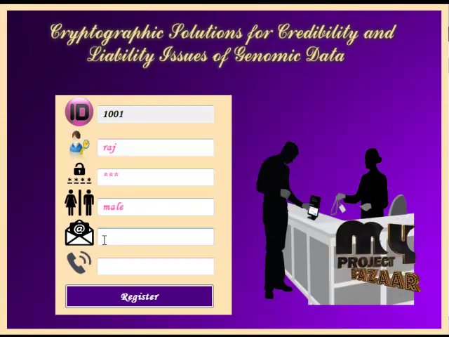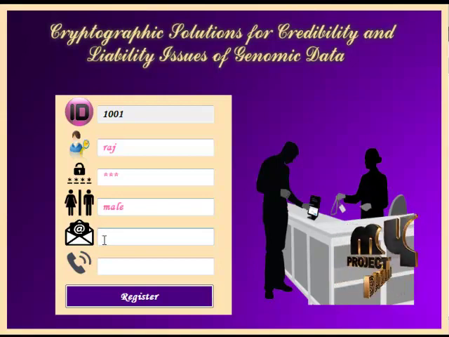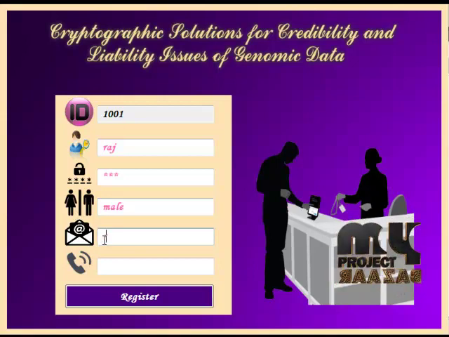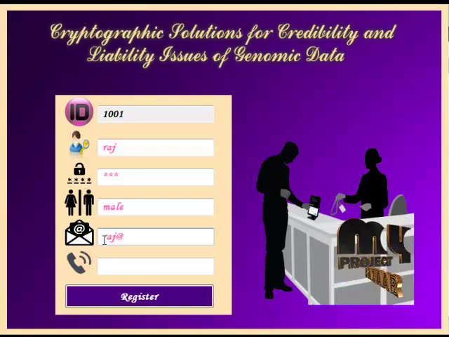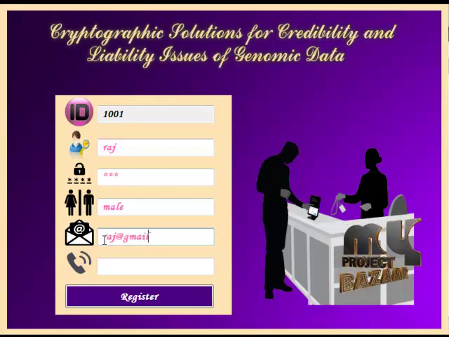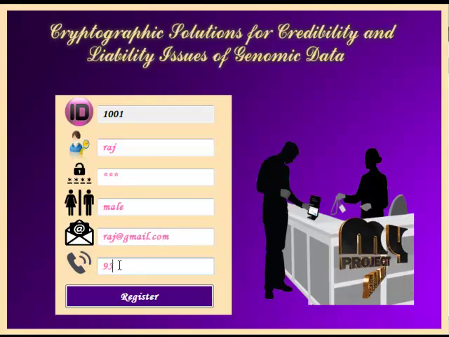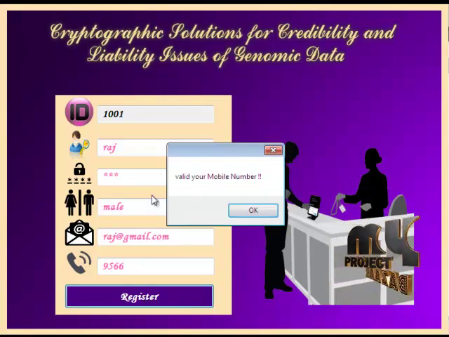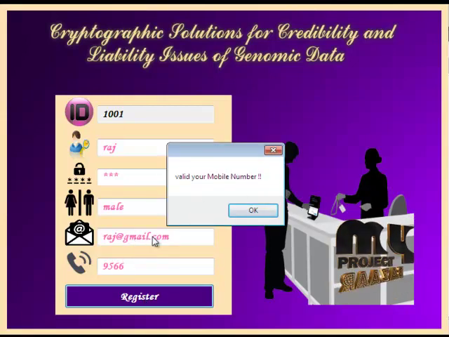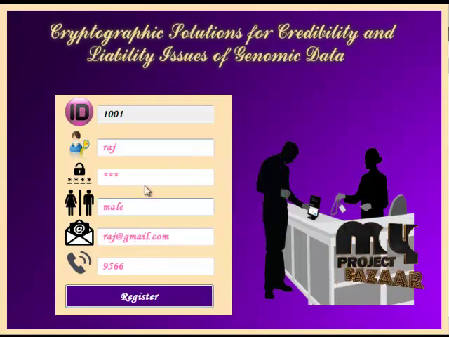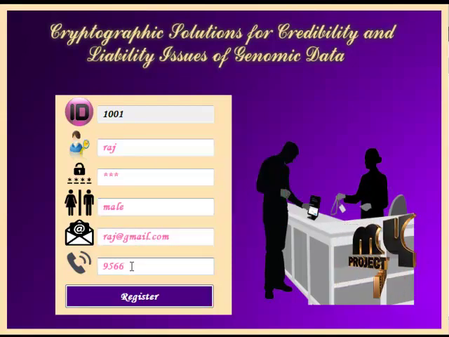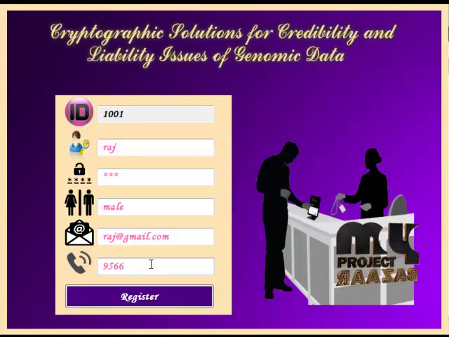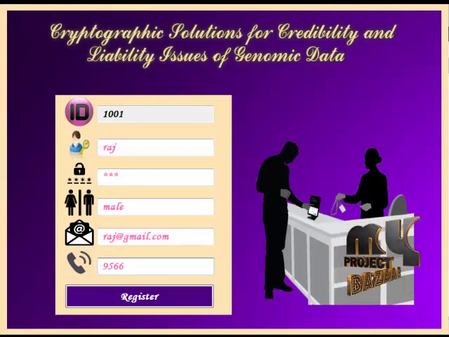This is the email. And here we can give the phone number. Validation is kept for two things: mail ID as well as mobile number. Once the mobile number is given correctly, registration is performed successfully.